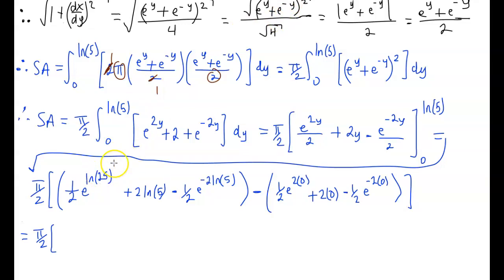Same deal here for the second term. We could rewrite 2 times natural log of 5 as natural log of 25. And here, since we have a negative on this, this will be natural log of 5 raised to the negative 2, or another way that we could say it is just leave the negative out and just do the 2, and it'll be a negative natural log of 25. And so I'll just keep it that way for now.